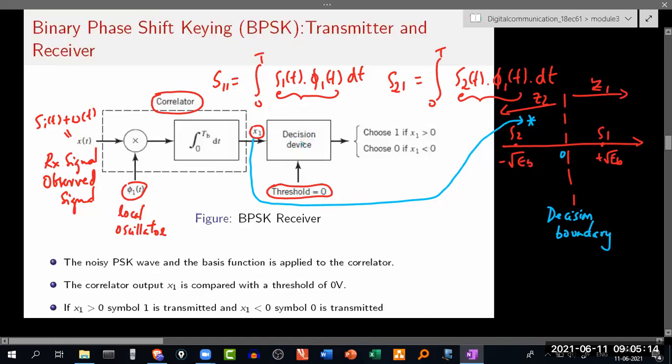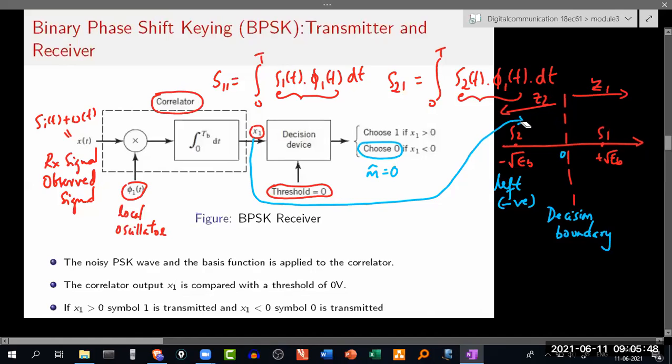Now this decision device sees the value of x1. So if this x1 is falling onto the left of this constellation diagram, its value should be negative. So if the sign of this x1 is negative, it will choose the estimate as equal to 0. So m cap will be equal to 0 in this case.